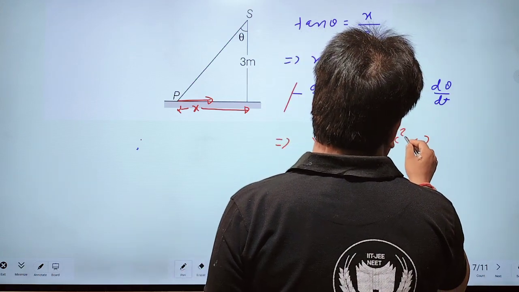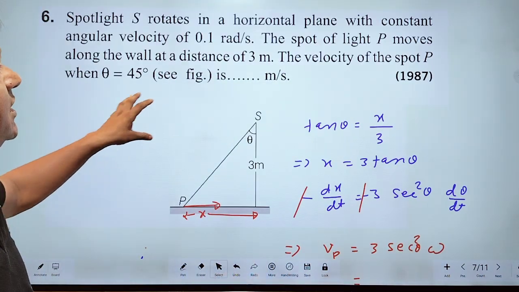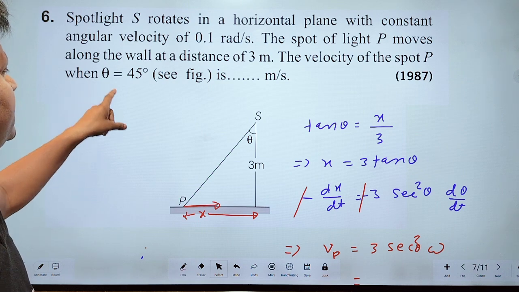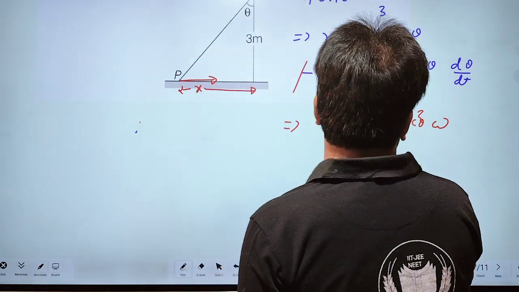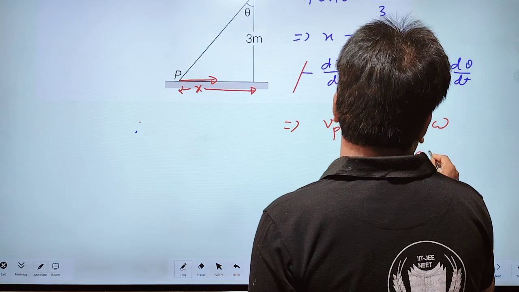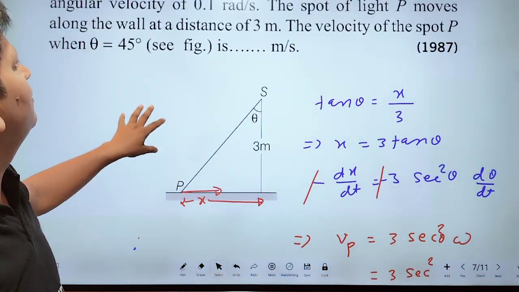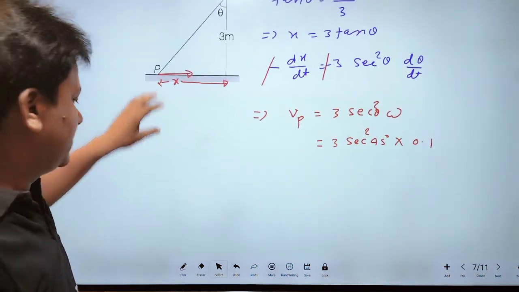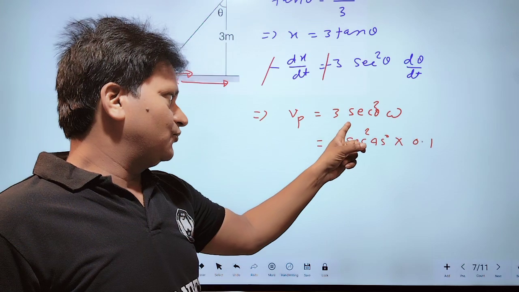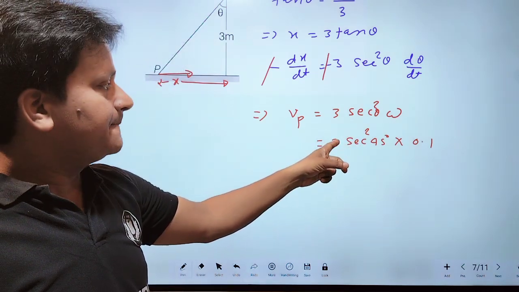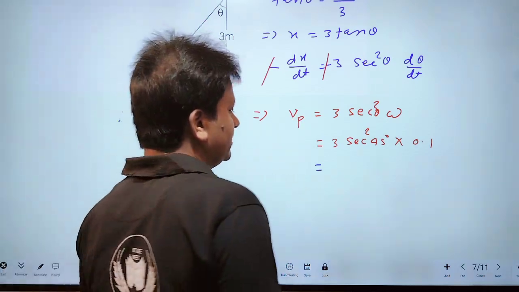This is the angular velocity. We have to find the velocity of spot P when theta is 45 degrees and omega is 0.1. What is the value of omega? 0.1. Therefore, sec 45 degrees: cos 45 degrees is 1 by root 2, so sec 45 degrees is root 2.